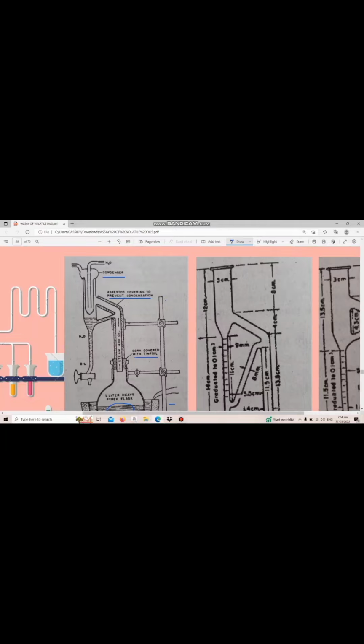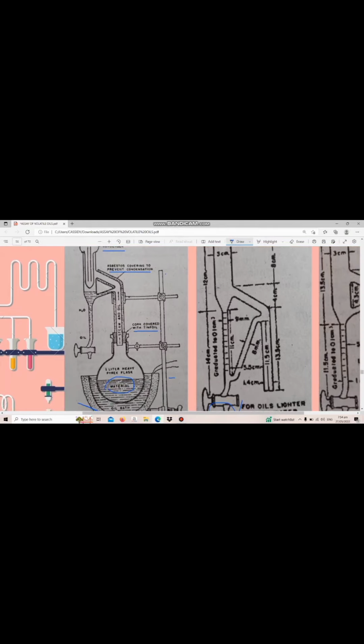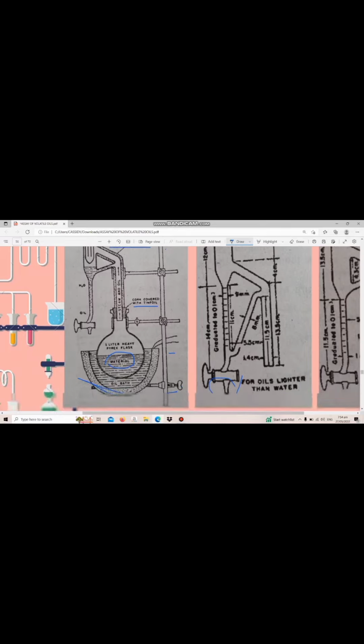You can see here the condenser. Here we have a tube that connects for the water to enter the condenser and it will flow out eventually. Here is the asbestos covering to prevent condensation.